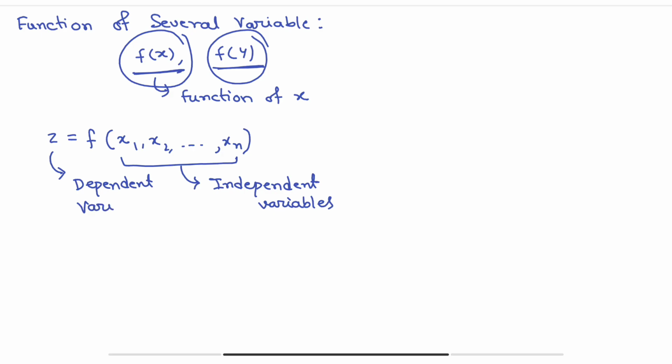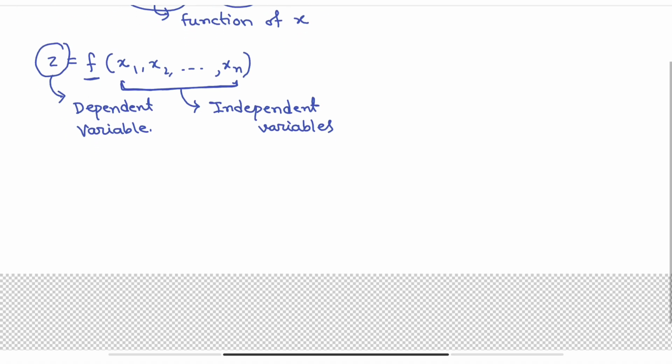That means we are expressing z with the help of f, and f is a function of x1, x2 dot dot dot xn. So x1, x2 up to xn are independent variables and z is dependent variable. Z is depending on the variables x1, x2 up to xn. Clear?